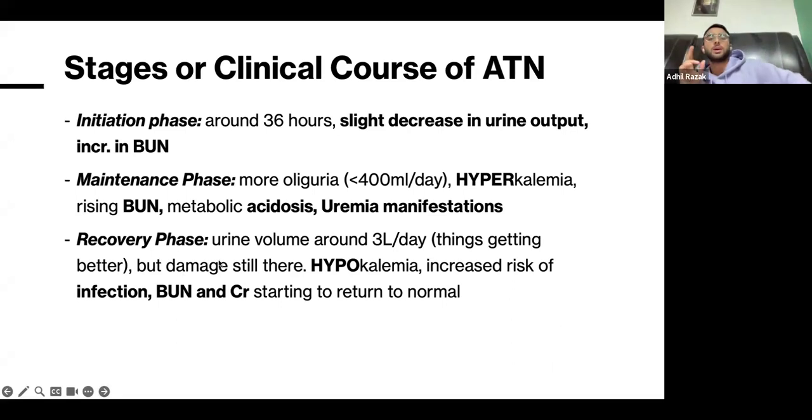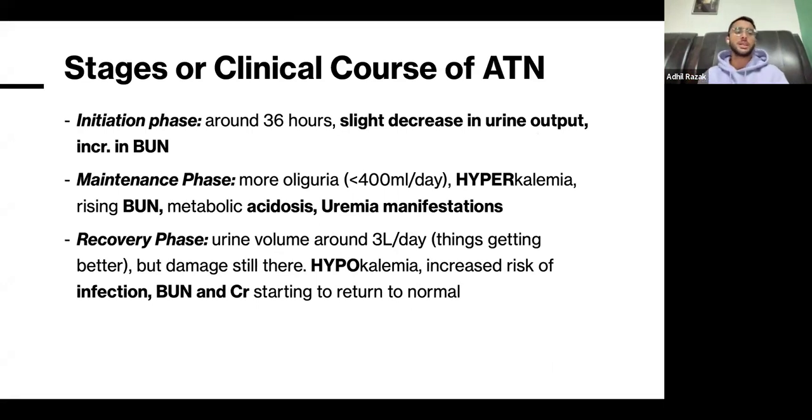Anyway, coming to this patient, we have this patient in the recovery phase, where, as they mentioned, he's urinating a lot more. His urine volume is 3 liters per day. Things are getting better. And he is hypokalemic compared to the maintenance phase because there is so much fluid being lost without much regulation going on.